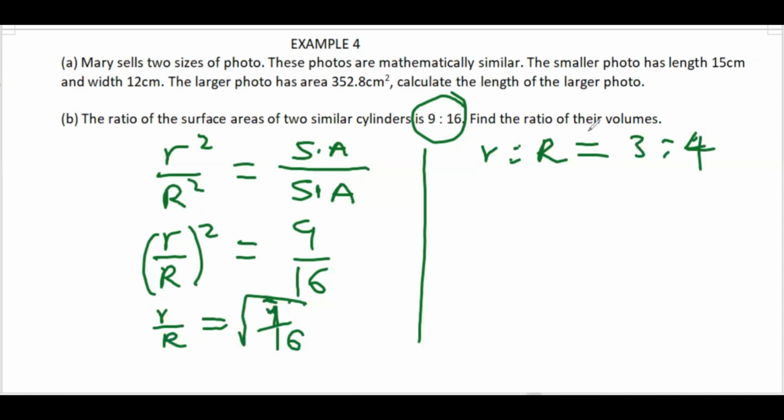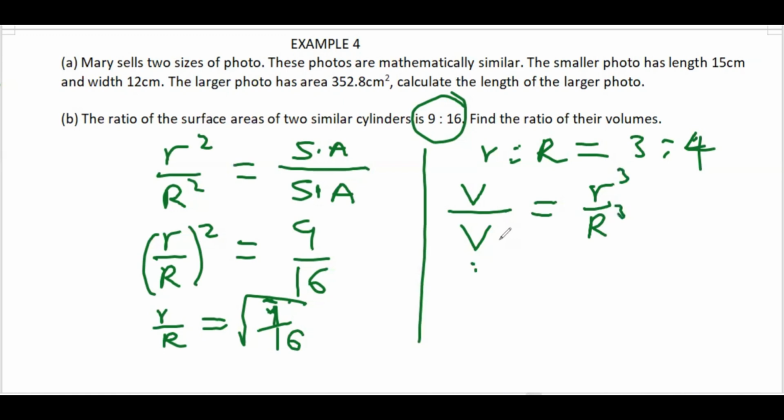If the ratio of their radii is 3:4, and you are asked to find the ratio of their volumes, it will just be the volume of the smaller ratio the volume of the bigger, equals the ratio of any linear side, maybe radius, or the ratio of their heights too, since height too is linear, will still be 3:4. You know, the ratio of their corresponding sides will be constant for two similar objects. So this one will now be r ratio big R. But since r is in centimeter and this one is in centimeter cubed, normalize and put a cube on each.